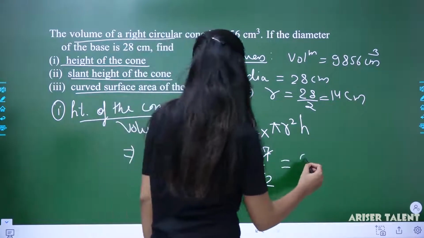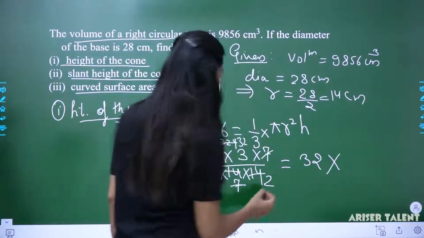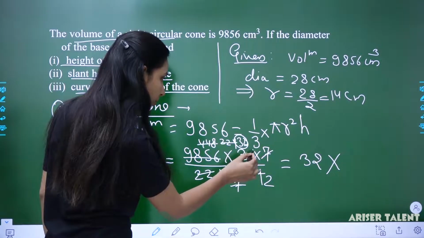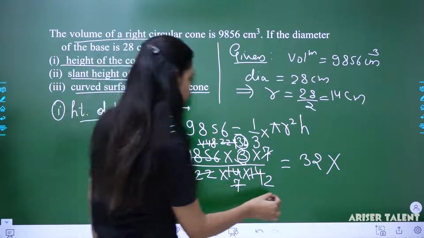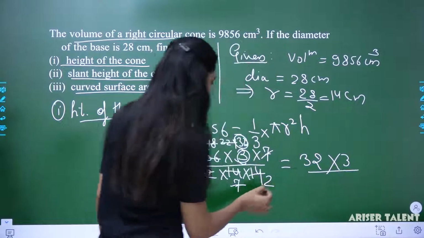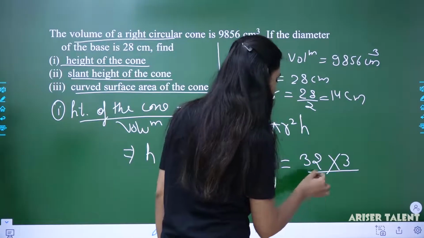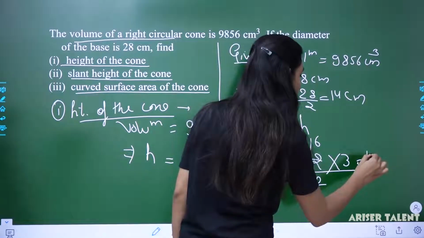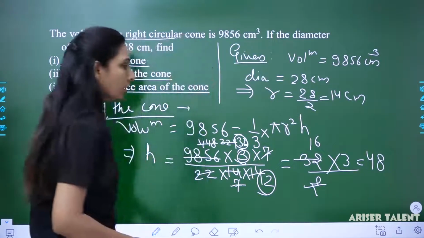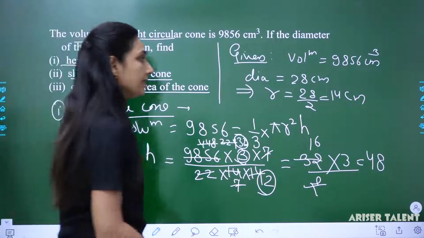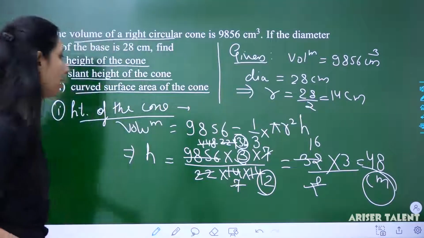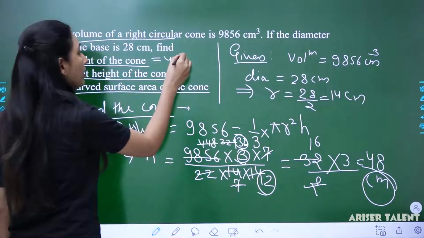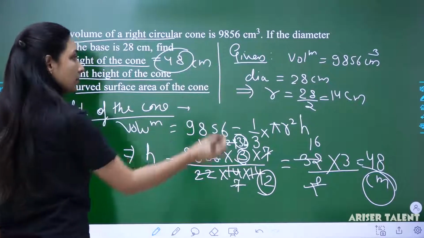That will be 32. It's 32 remaining here and here 3. And here it is remaining by 2. So 16. So that will be 48. Now what is 48? 48 centimeters. So the height of the cone will be 48 centimeters.